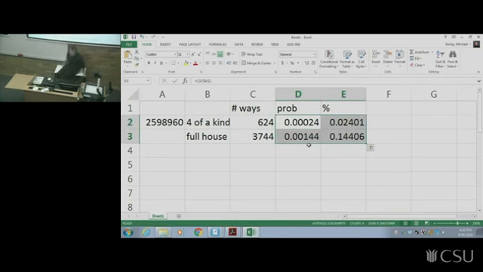The probability is 0.1, 1.5. So again, not very likely, but a hell of a lot more likely than 4 of a kind. That's being dealt, and this is the probability of being dealt it immediately. So in real play, if you get to shed some cards and be dealt new ones, the probability goes up a bit.